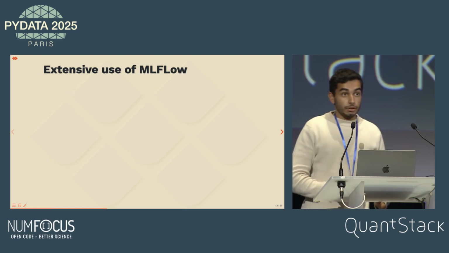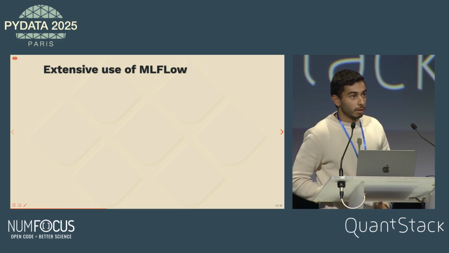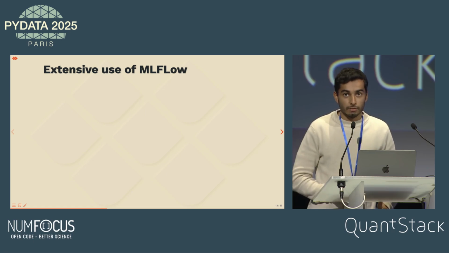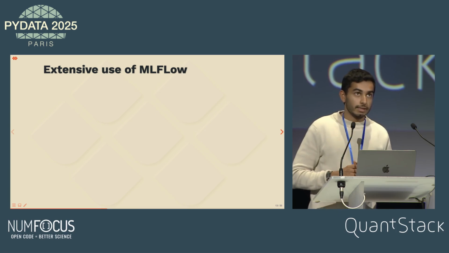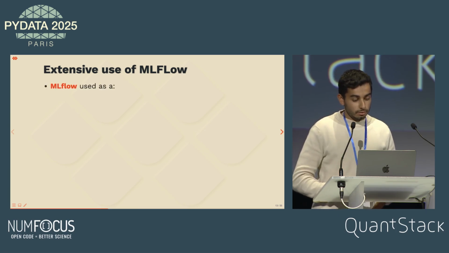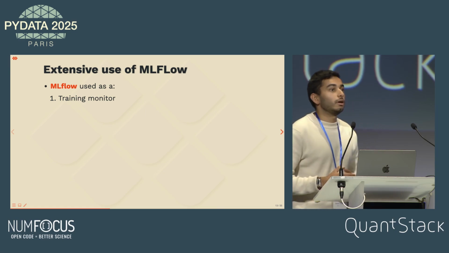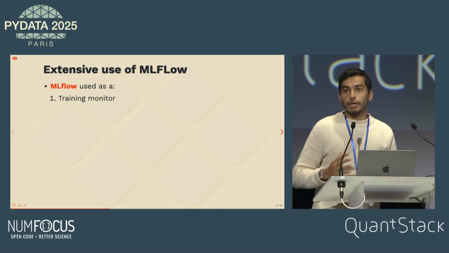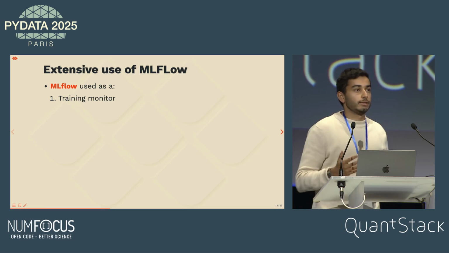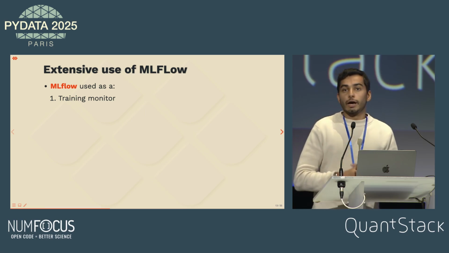Then we use MLflow a lot in our pipeline. MLflow is absolutely critical in our full pipeline, from model training to model, let's say, serving. So first, as a training monitor, as a data scientist, we track all the metrics on MLflow during training. So let's say the training loss, validation loss, accuracy, and so on.